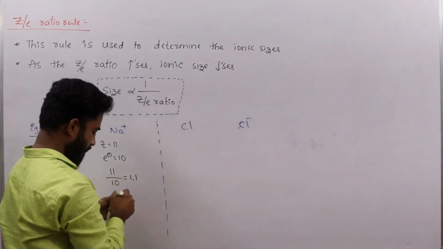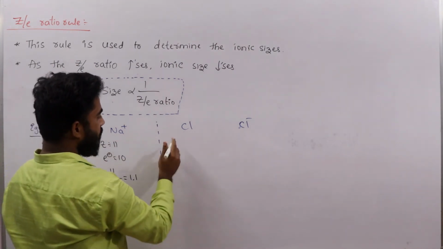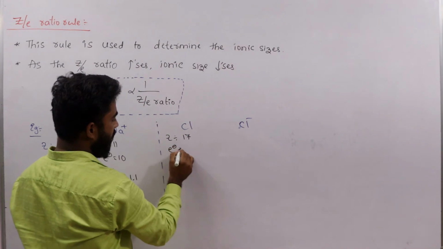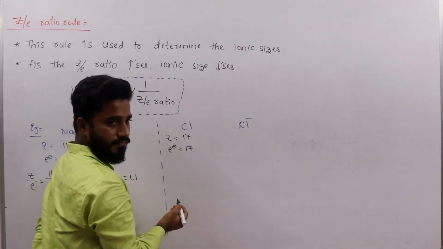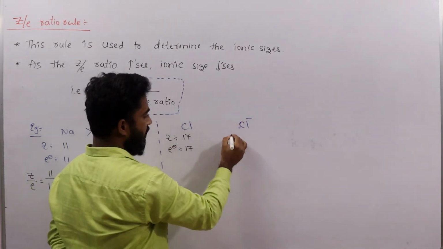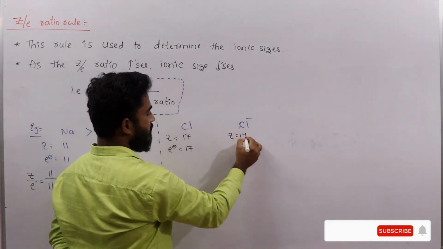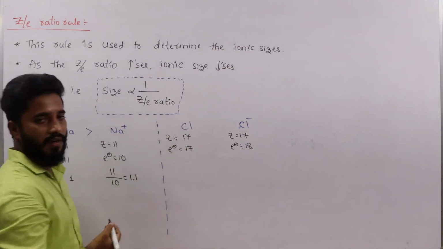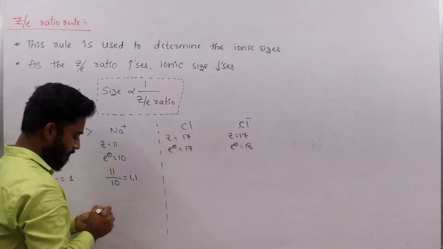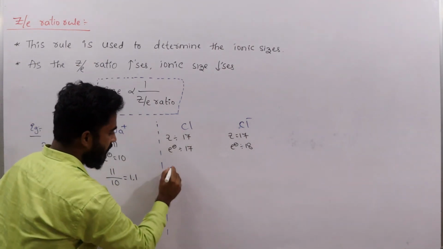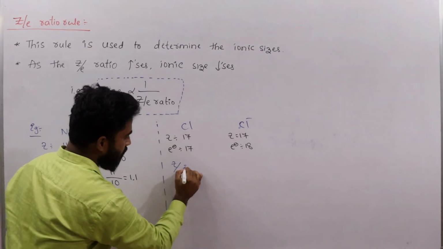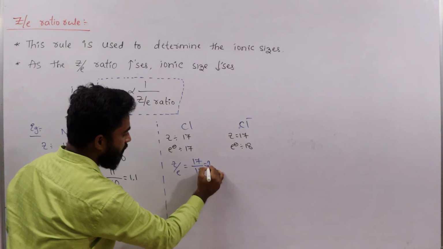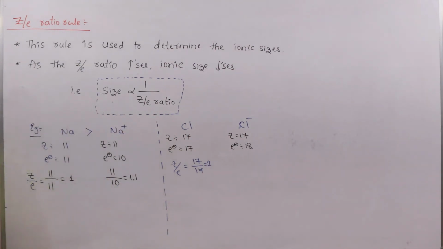Cl minus. So what is Z value here? Atomic number 17, number of electrons also 17. For Cl minus, chloride ion, Z is 17 and number of electrons is 18. When you take the Z by E ratio, here it is 17 by 17, that is equal to 1.